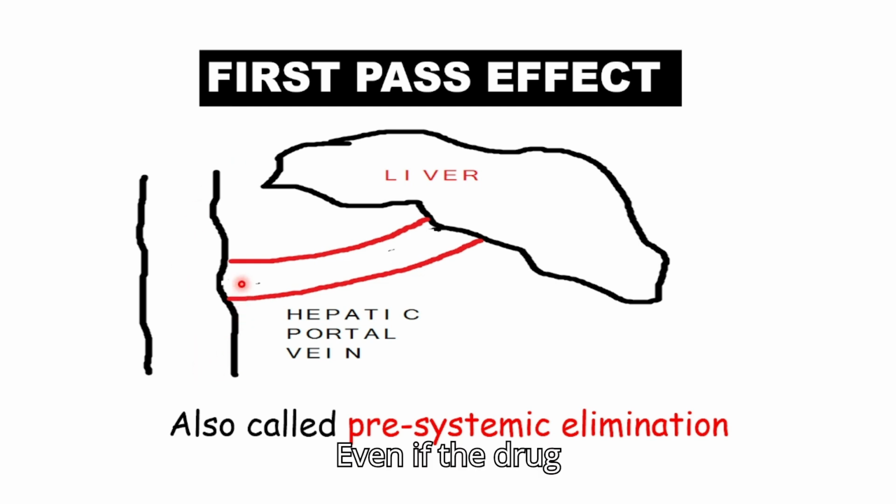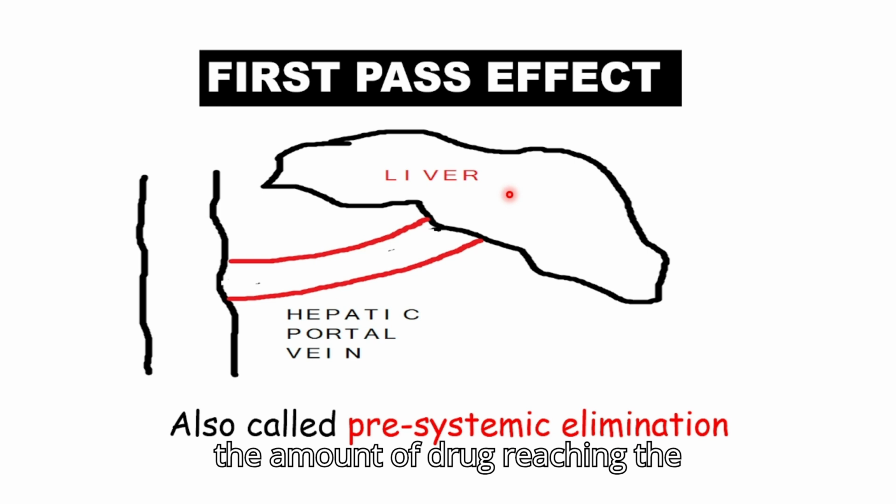Even if the drug is absorbed, it can be transported to the liver by the hepatic portal vein. Once it reaches the liver, it can be metabolized to inactive metabolites such that finally the amount of drug reaching the systemic circulation is far less than 50%.